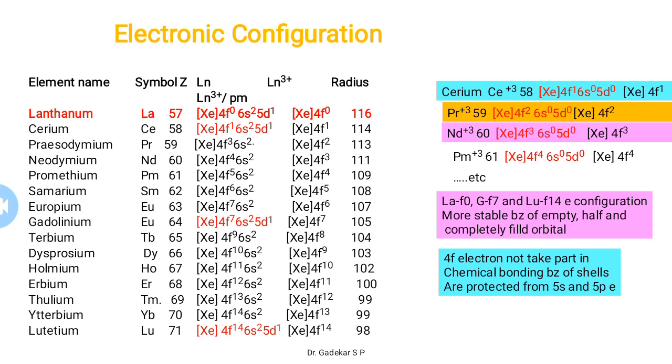In this series, cerium, gadolinium and lutetium show a d1 electron.